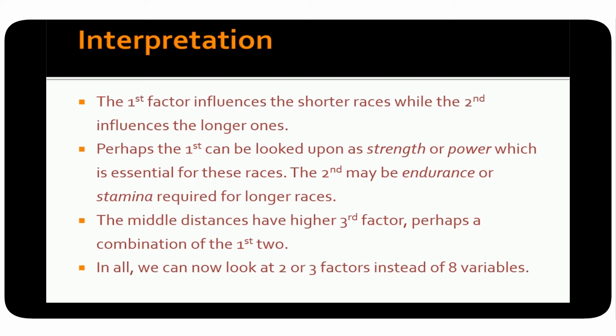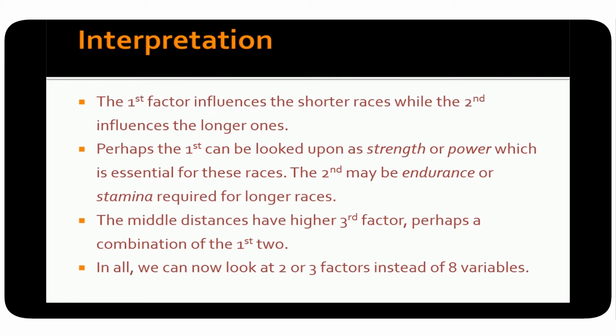It really means that the 400 meters and 800 meters have a separate entity of their own. It lies in between the shorter and the longer races, and probably it requires a little bit of both strength and endurance. So, it is a mixture of these two, and hence that comes out as a third factor if you want to include the third factor as well.